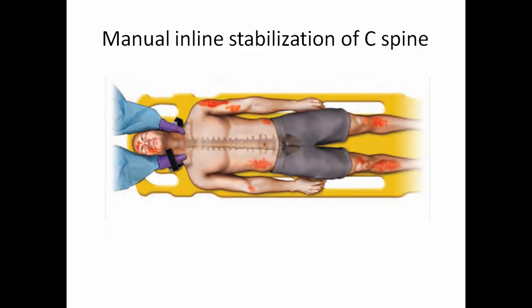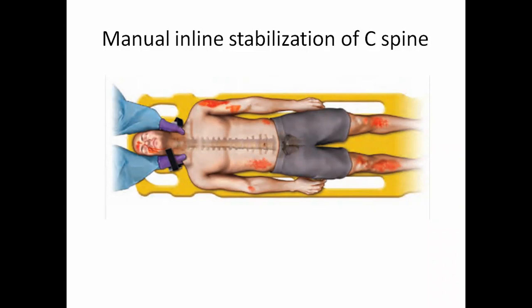And a simpler thing is you can just hold the head and keep it straight without extension or flexion. So these are different techniques in manual inline stabilization. There are a lot of YouTube videos available freely, so you can go through how to do manual inline stabilization of the C-spine.